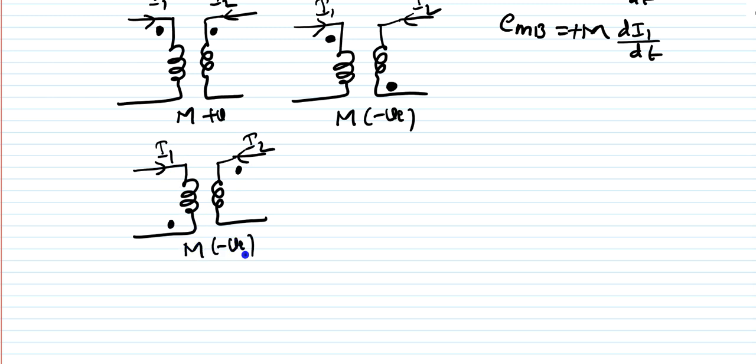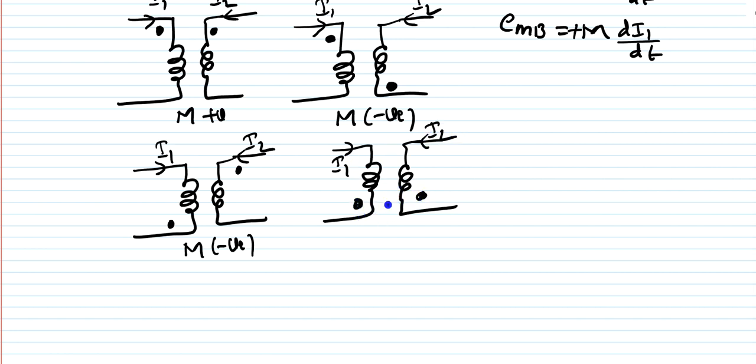Similarly, another scenario is this one. Here again there are dot points, but at both points the current is leaving coil 1 and coil 2 at the dot convention points. So I can say M is positive.